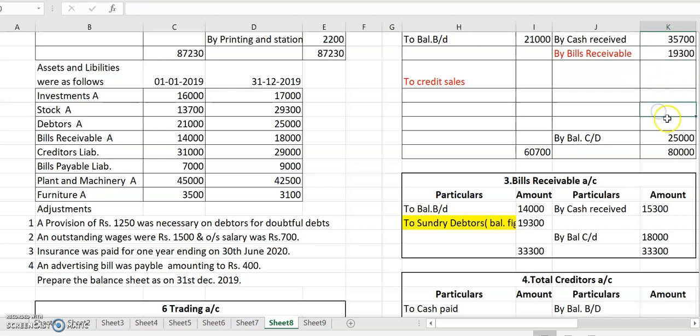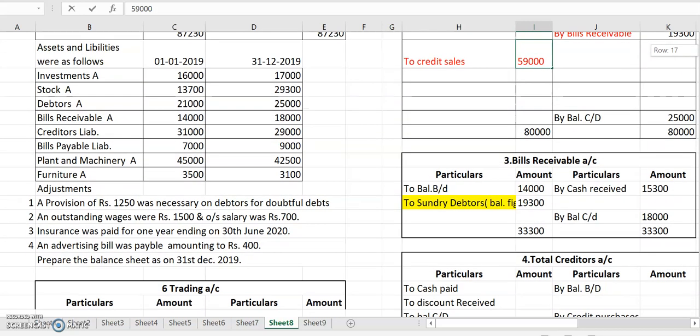Now the total will be 80,000, which is recorded here also. 80,000 minus 21,000 gives 59,000. This is the credit sale. 59,000 will be recorded on the trading account credit side.